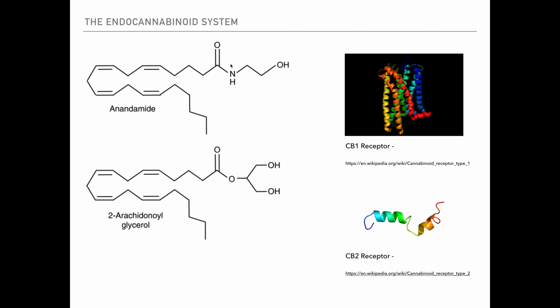That's anandamide at the very top of your screen, and you can appreciate its similarity in structure to 2-AG, or 2-arachidonyl glycerol. You can also notice, if you squint and sit back from your screen, how THC and CBD can manipulate themselves to bind to the CB receptors, of which we have examples here on the right hand side of your screen. You'll notice that the CB1 receptor is a far more complex G-coupled protein receptor than the CB2 receptor.